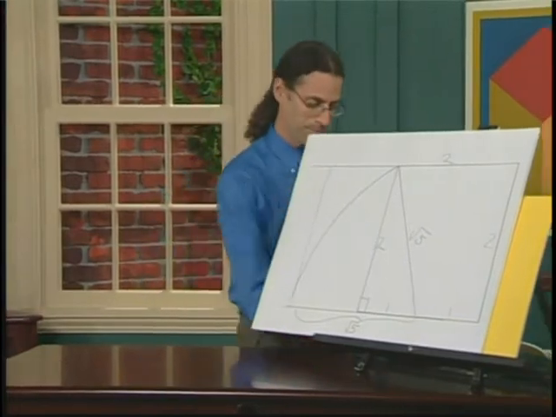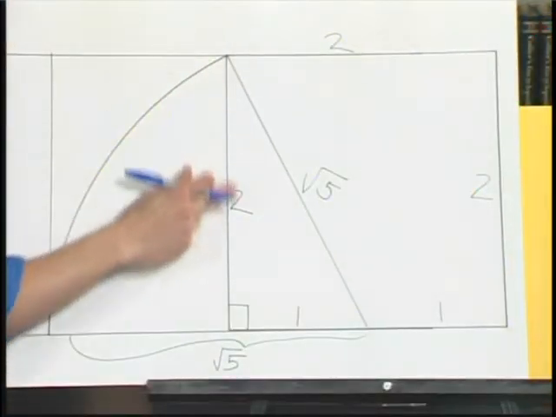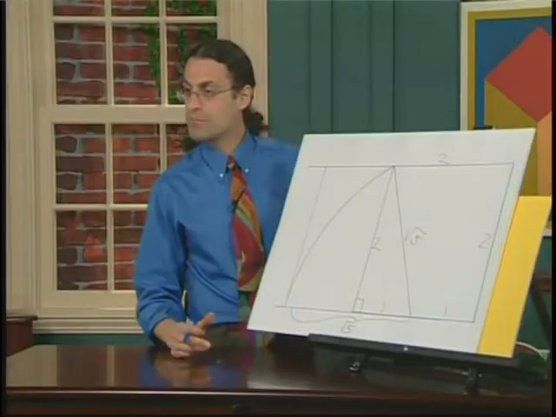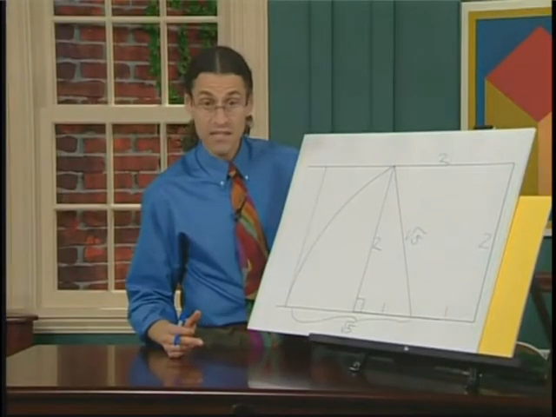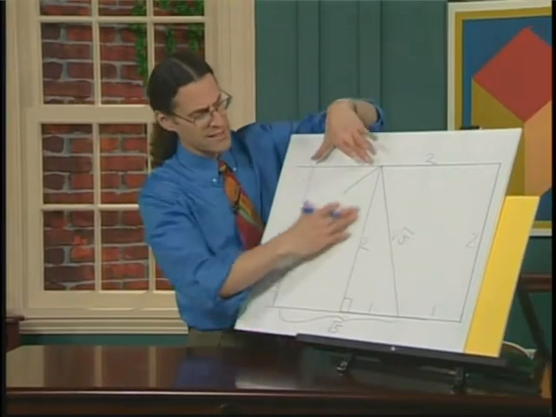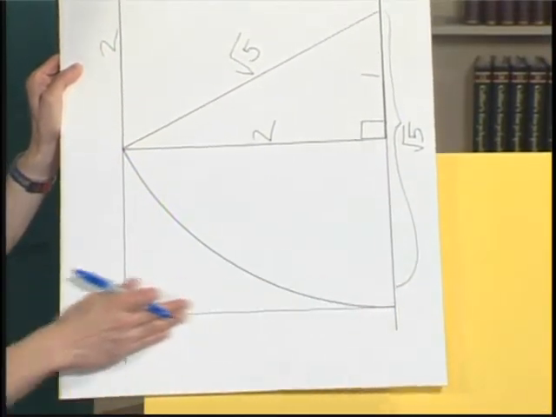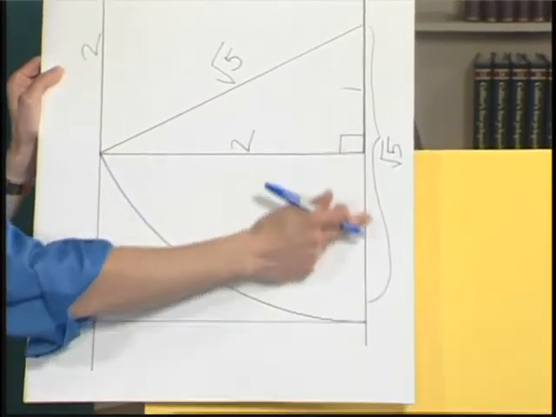So here we go. Let's look at the image that we have here. We're going to look at this rectangle, and I want to look at base divided by height and see if, in fact, it has the right ratio. But remember, this rectangle is on its side. We think of the rectangle really as being like this. So the base here is going to be this, and the height will be this.